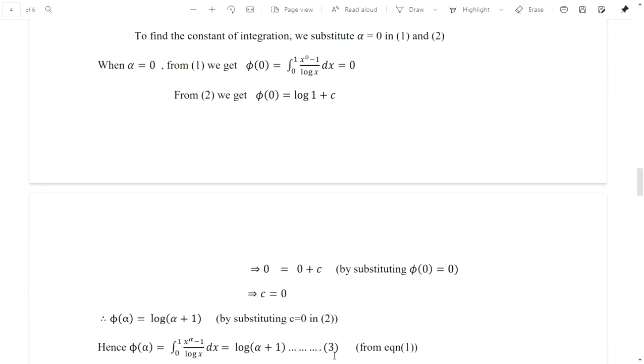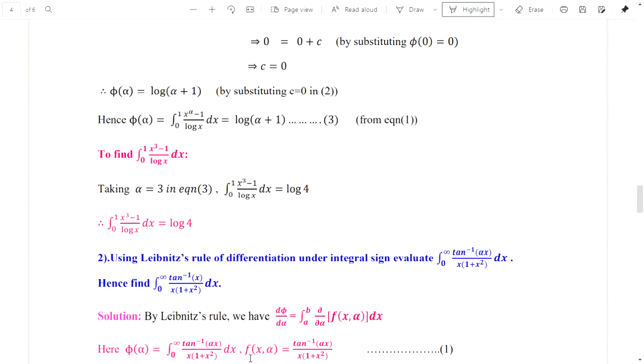Hence, phi of alpha is equal to integral of 0 to 1 x to the power alpha minus 1 by log x into dx, that is equal to log of alpha plus 1. But the problem is given as find integral of 0 to 1 x cube minus 1 by log x into dx. This is the final answer we got. But by observing this with the final answer, in place of alpha we have cube 3.